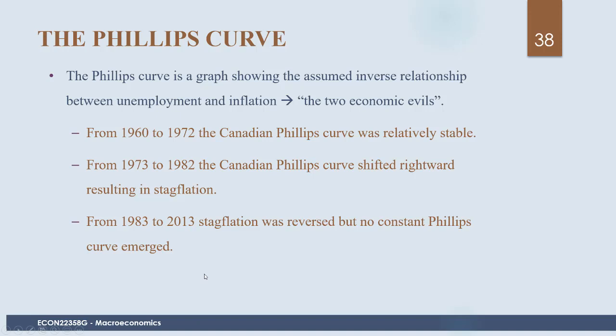So the relationship between inflation and unemployment isn't all as simple as we tend to think it is. When we're thinking of this relationship, we usually tend to be thinking about just demand pull inflation, but we can also have cost push inflation. And if you have cost push inflation, you can have prices increase even though you're in a recession.